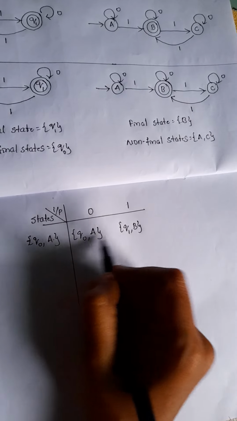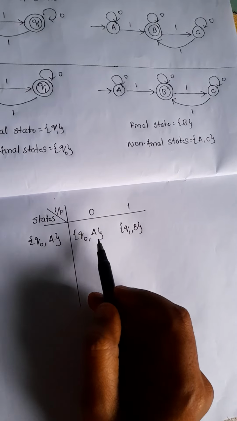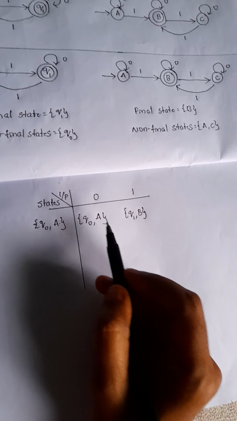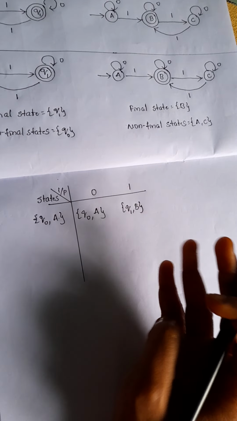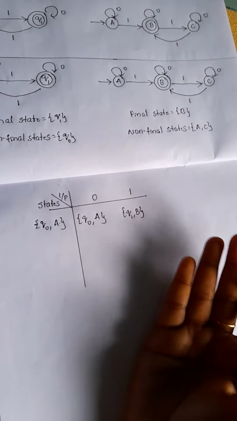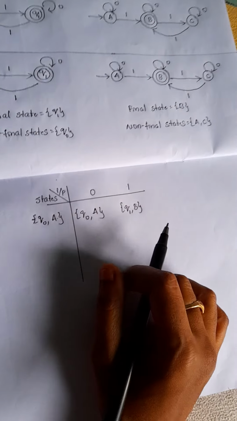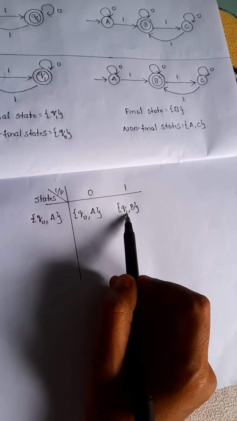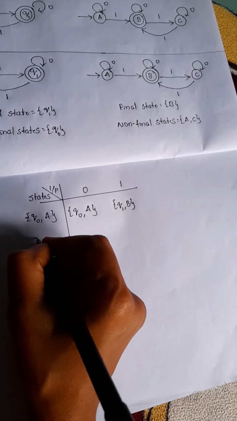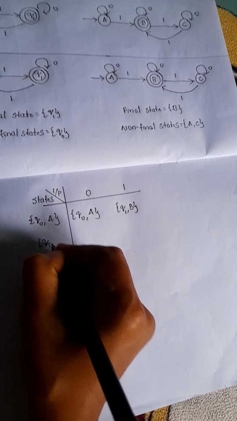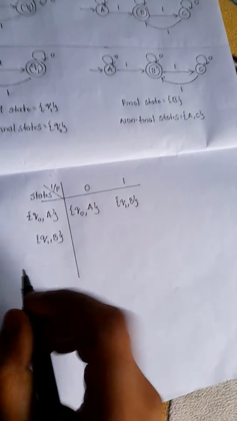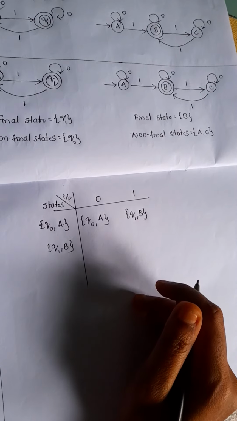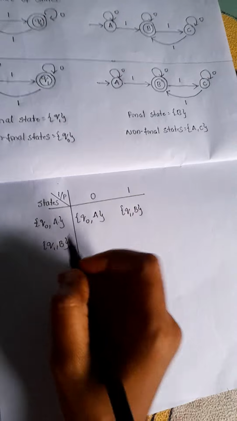After writing the first row, we check for any new state combination, as we did in NFA to DFA conversion. The new combination we got is Q1, B. We repeat until no new state is found.